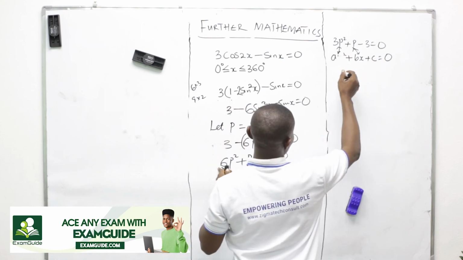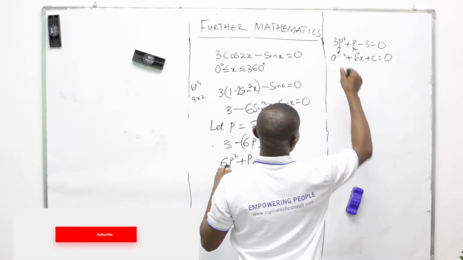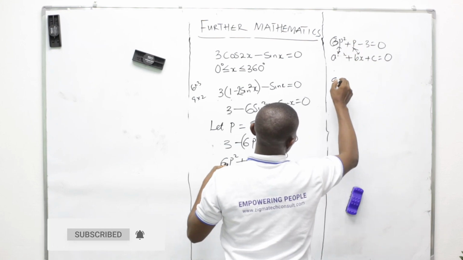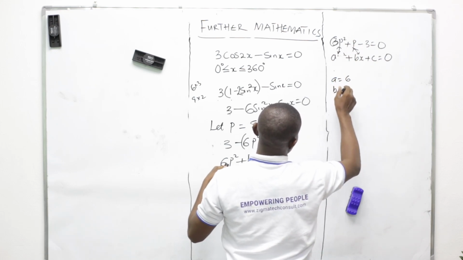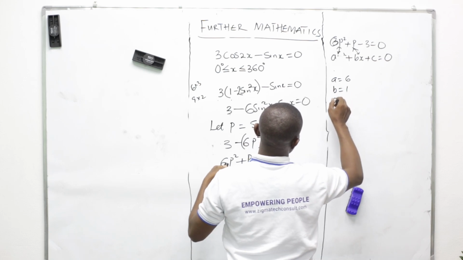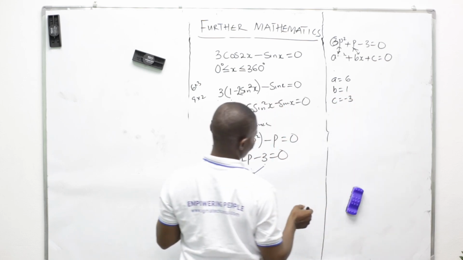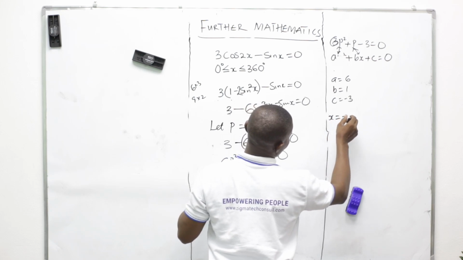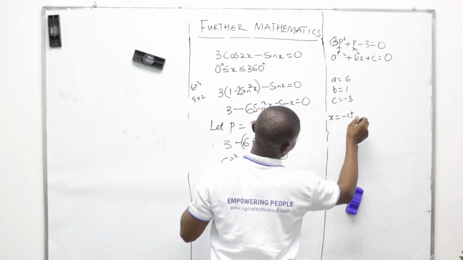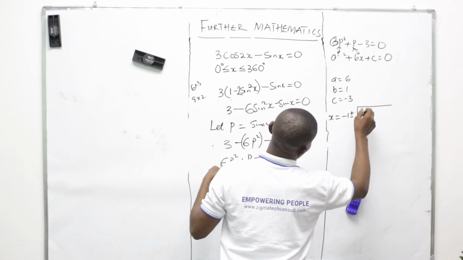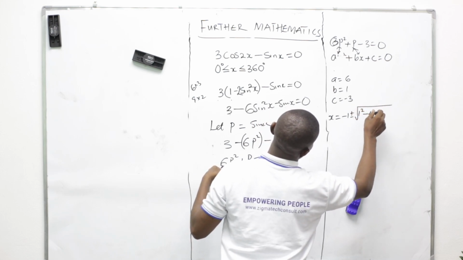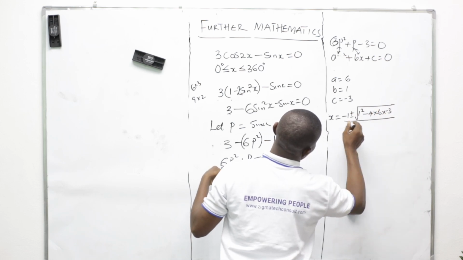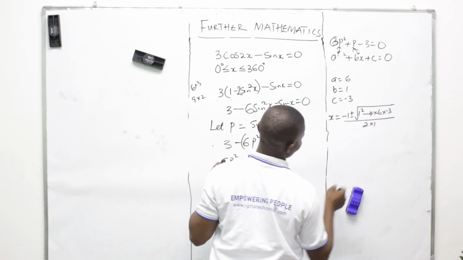So we still go back to that formula: 6P squared plus P minus 3, so a equals 6, b equals 1, c equals minus 3, so that x equals minus 1 plus or minus square root of 1 squared minus 4 times 6 times minus 3 all over 2 times 6.